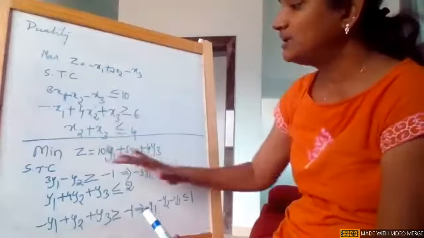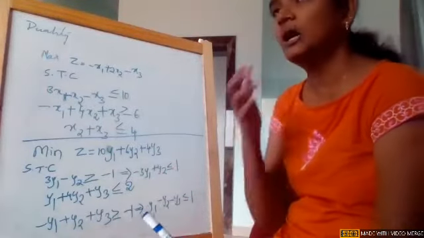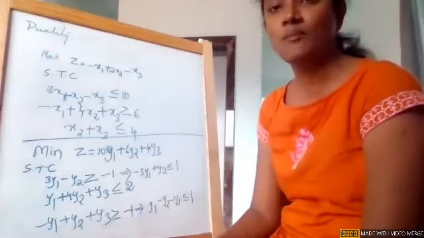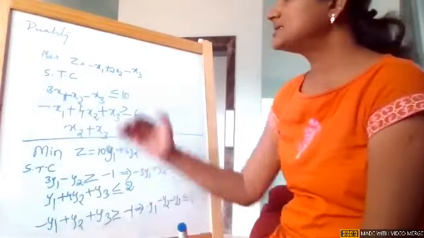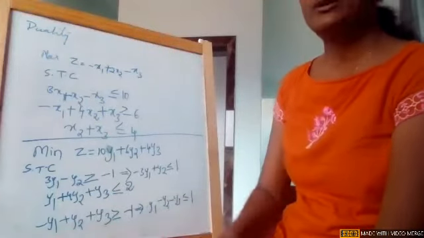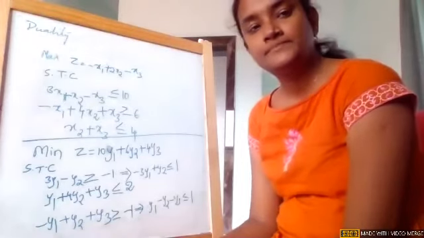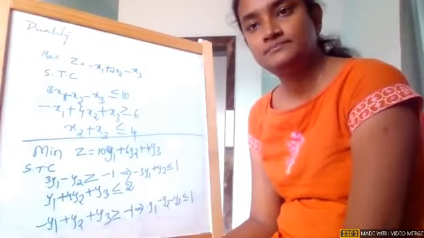Now on this, again, minimization case, as all are less than symbols, there is no artificial variable. Use the simplex form and solve the problem. So this is how they will give you a question. You need to take the duality. You want me to repeat it again? Understood?